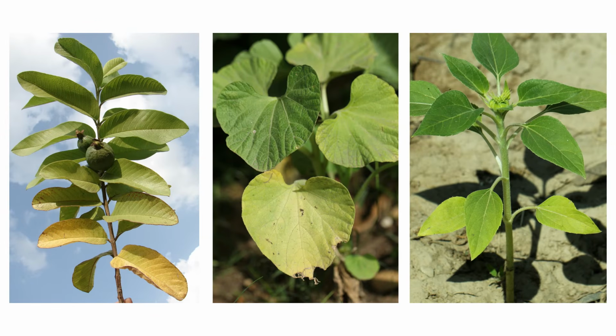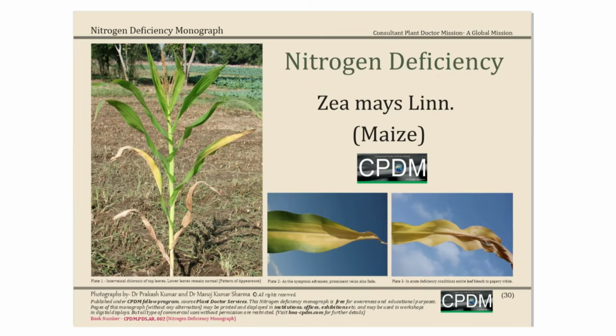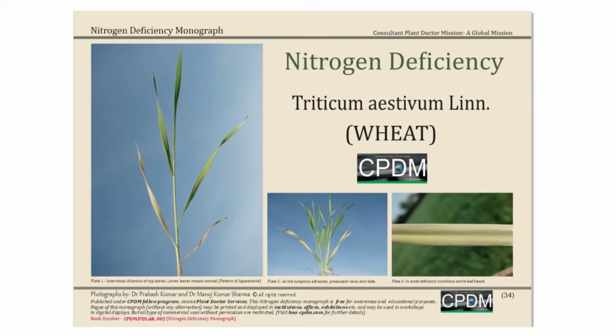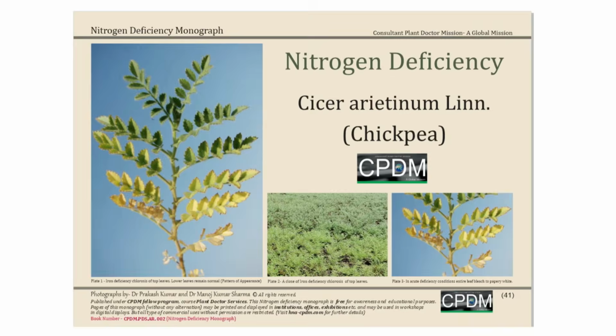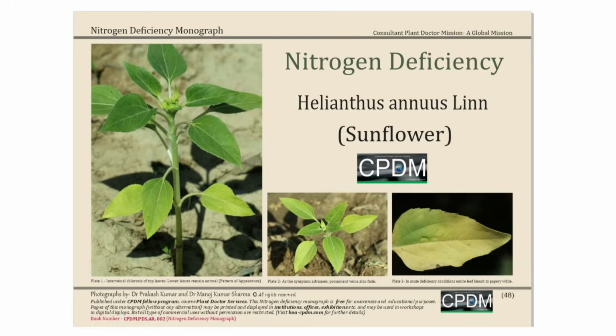But a specific identification mark is not necessarily visible in all crops. Specificity of the symptom may differ from crop to crop. So when we describe the nitrogen deficiency crop by crop, we will explain the difference to you.